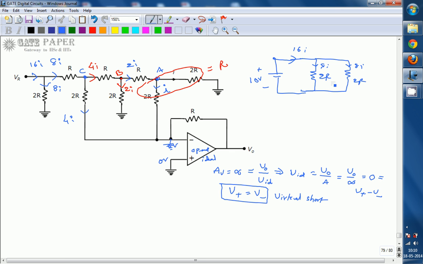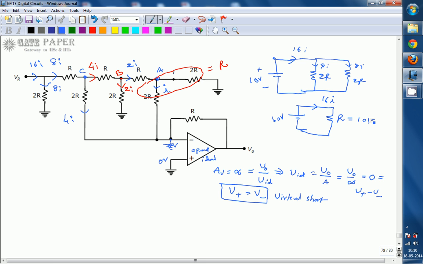So these two are in parallel, so you can write it as a simple single resistor with a 10 volt battery, and the resistance value is 2R parallel to R, which is nothing but R, and the current flowing through this is nothing but 16I.